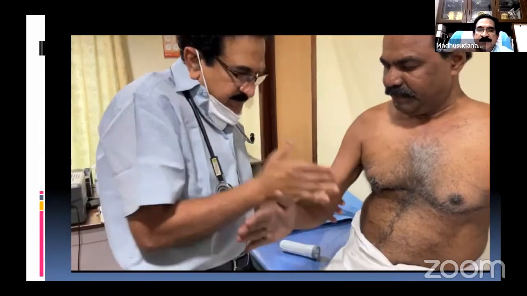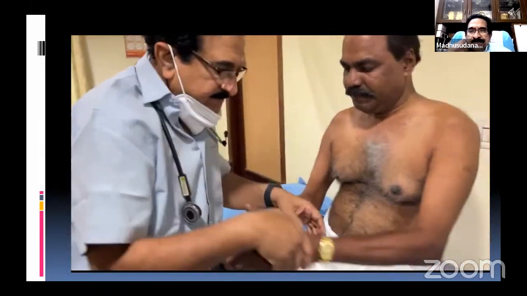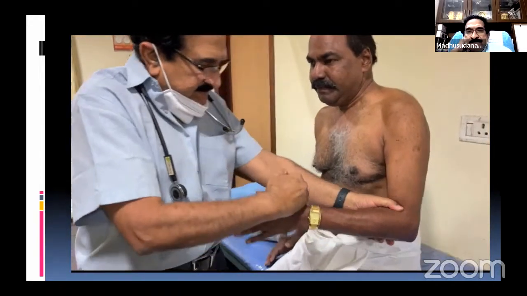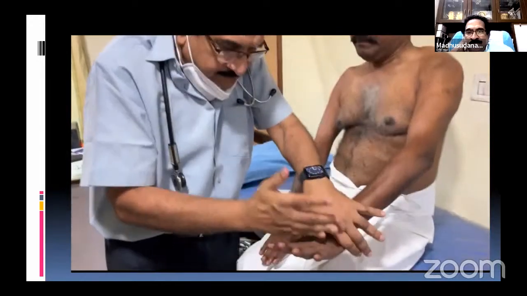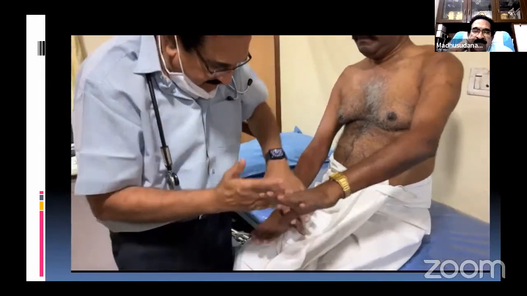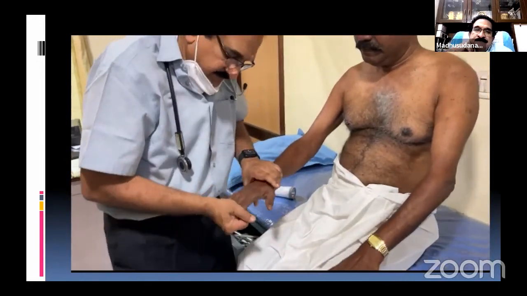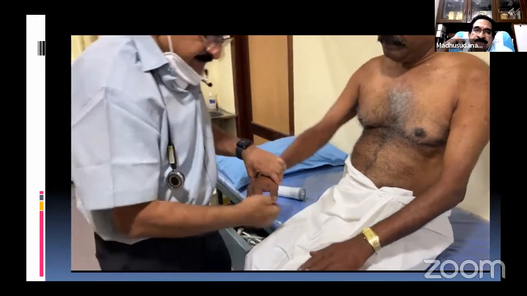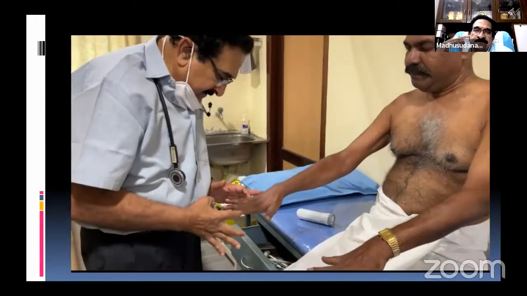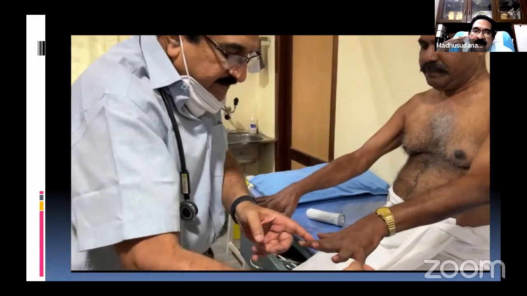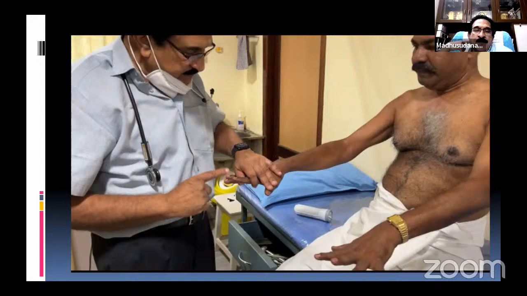Finger extension is normal. Finger abductors are all normal.